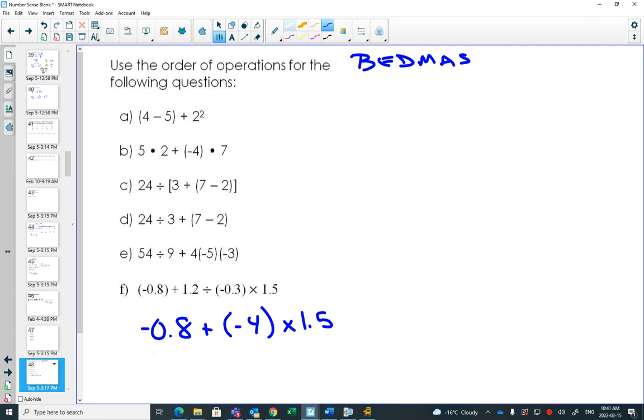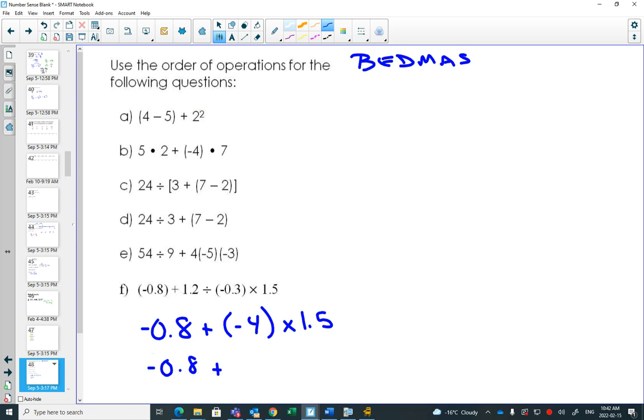Now, multiplying 4 1.5s, that would be 1.5 plus 1.5 plus 1.5 plus 1.5. What does that add up to? Close. 1.5 plus 1.5, 2 of them would make 3, right? And so 4 of them would make 6.